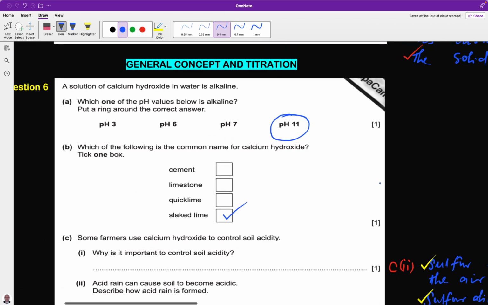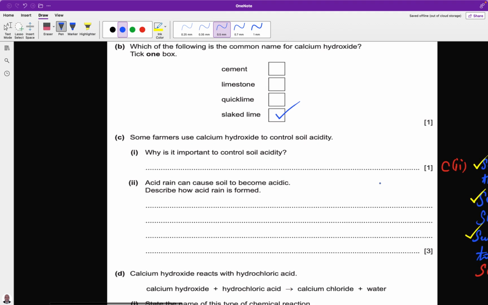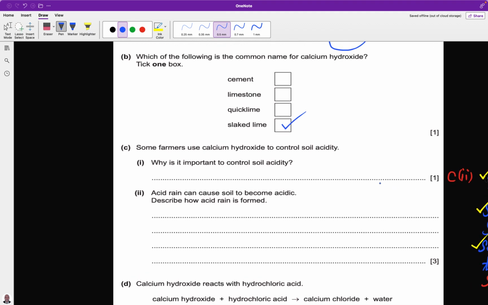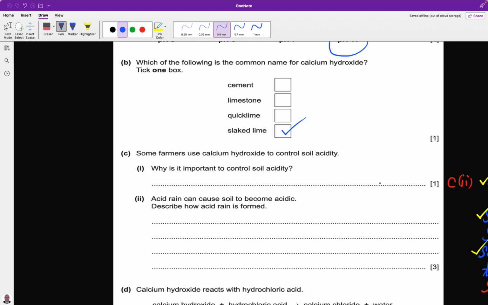You can say, as I said, plants grow well in neutral soil.